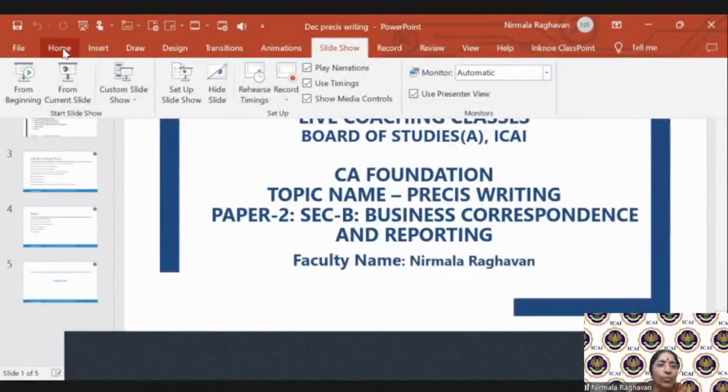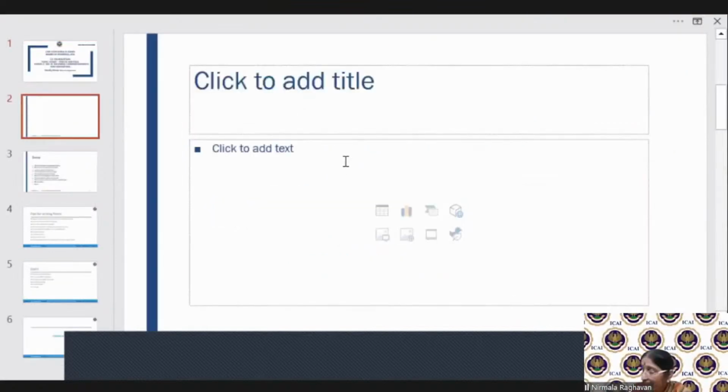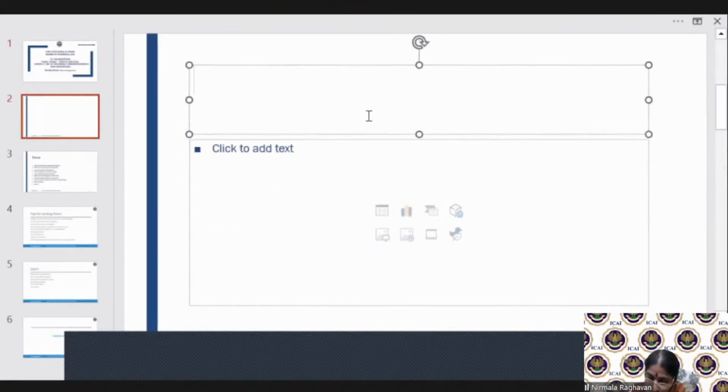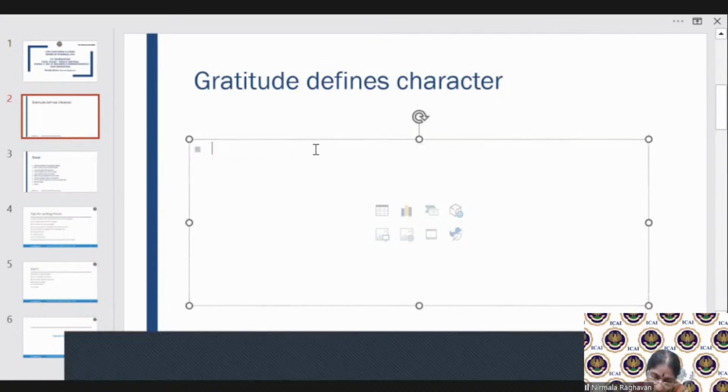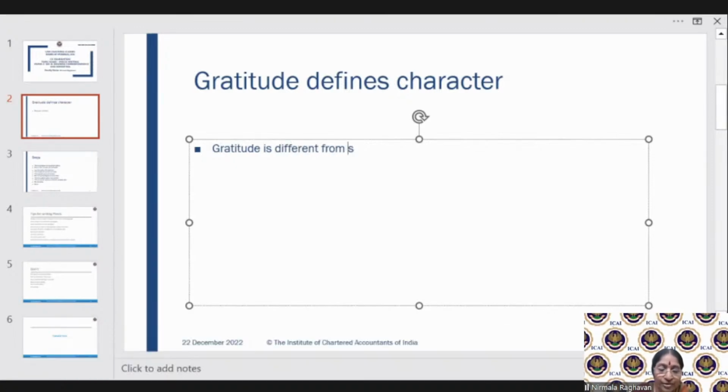Yeah, I'm going to type here and I want you to see if you are close to this. Okay. Gratitude. Because if I don't give you the answer, there's no way of correcting what you've written. Okay. Gratitude defines character. Okay. That's my title. Okay. Now I type the gratitude is different from saying thank you.